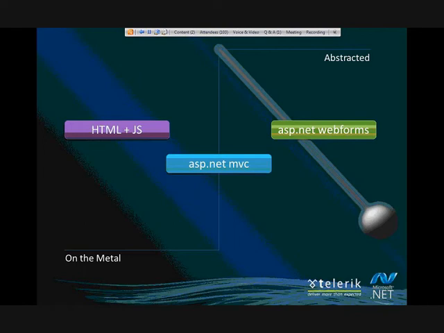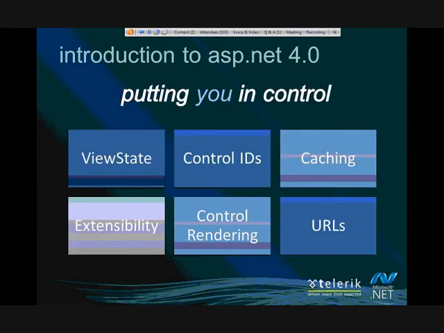And ASP.NET MVC was somewhere in the middle, letting us get a little bit closer to the metal, taking a little more control over the HTML and the JavaScript, but still helping us with some of the repetitive tasks so we didn't have to do everything by hand. This snapshot is essentially what ASP.NET Web Forms in relationship to MVC and on the metal looks like in the 3.5 era. So 4.0 starts to change that.